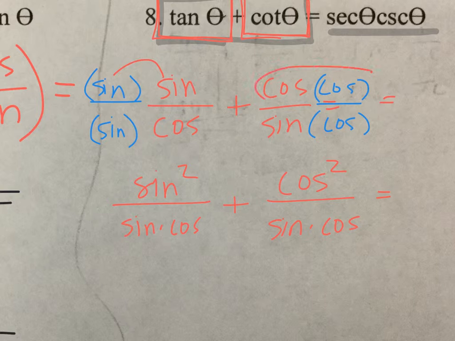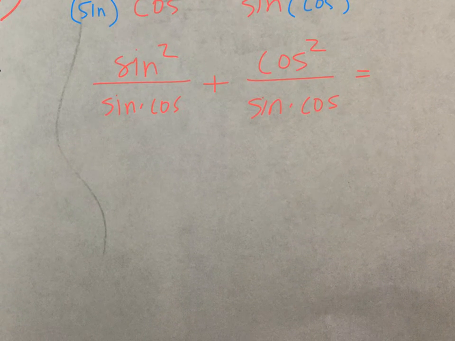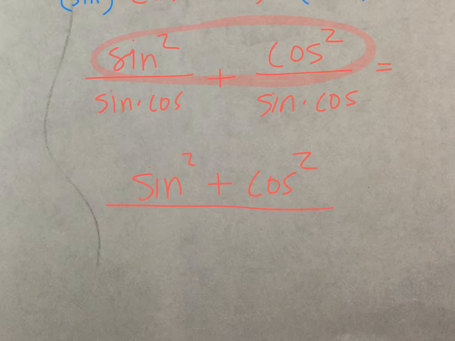I've just done this product to the numerators and I have my same denominator, which is fantastic because now I can actually combine the tops. I can add these two things together, and since they're not like terms, I just write them down next to each other over the single denominator of sine times the cosine.